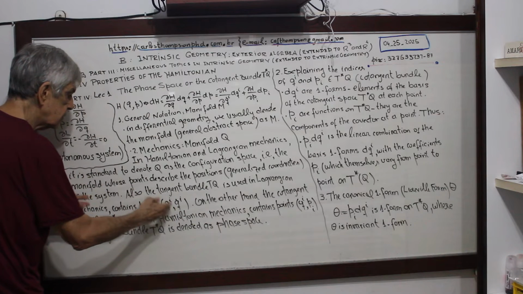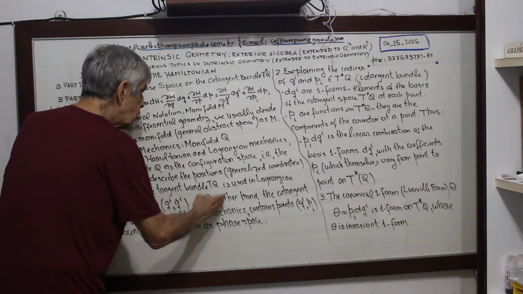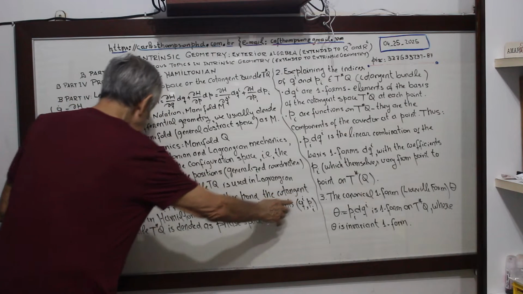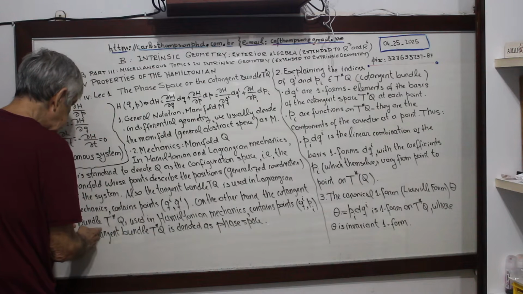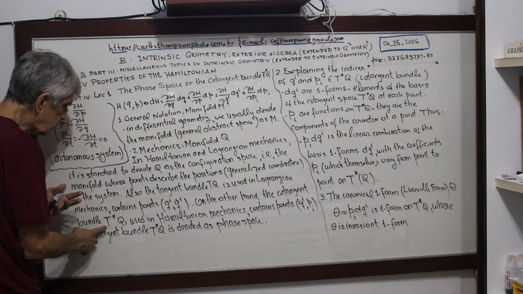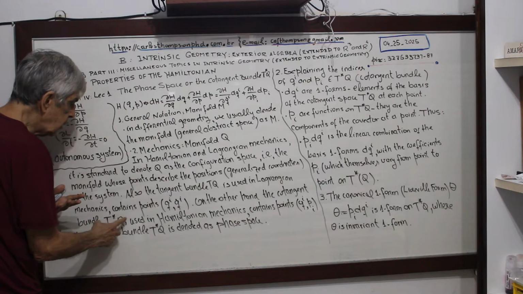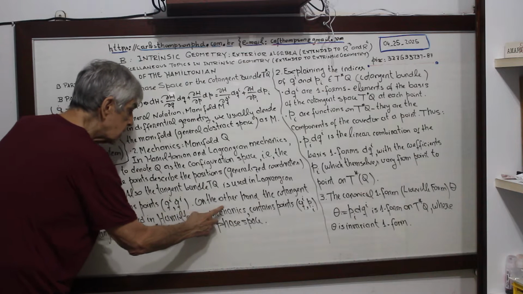On the other hand, the cotangent bundle can be written as T*Q in Hamiltonian mechanics.